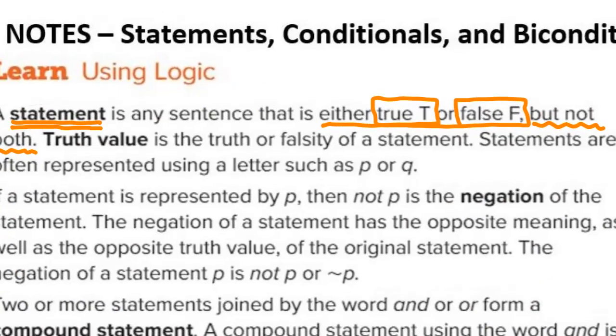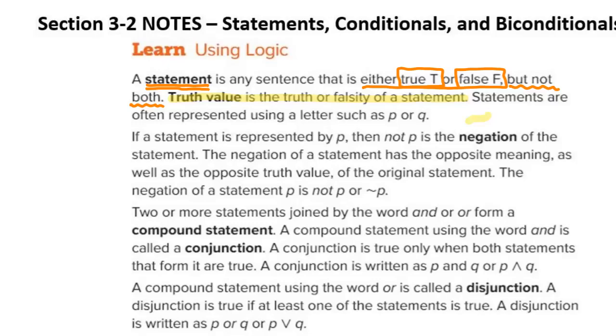The truth value is the truth or falsity of a statement. Statements are often represented using letters such as P or Q. If a statement is represented by P, then not P is the negation of the statement.